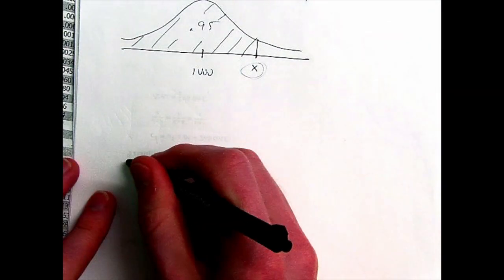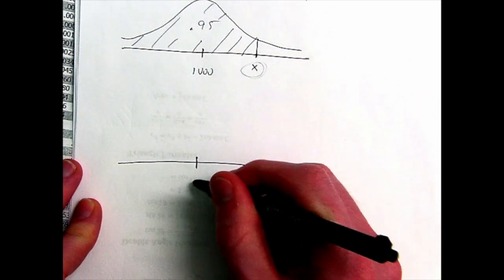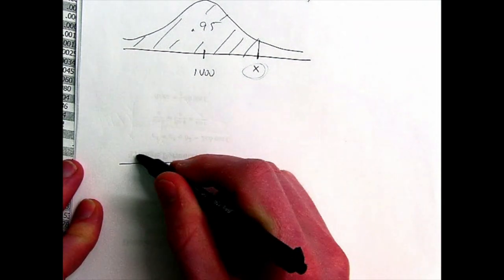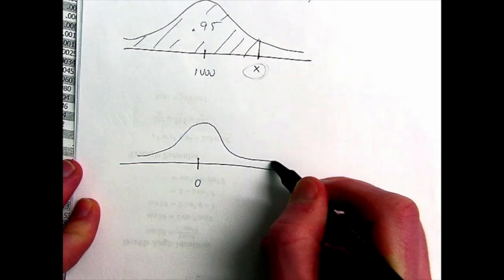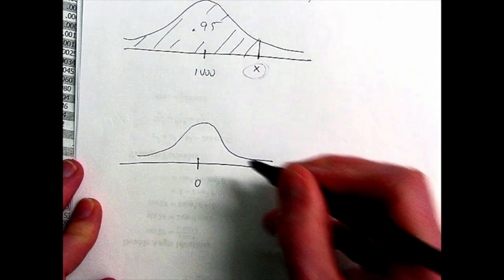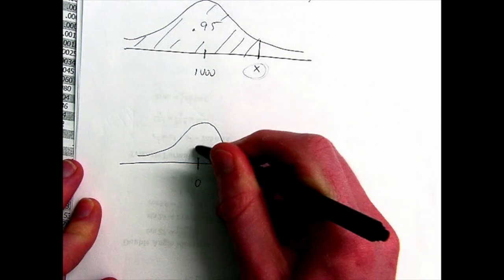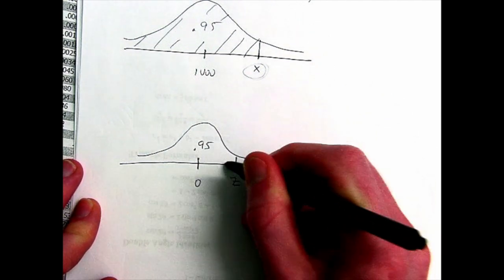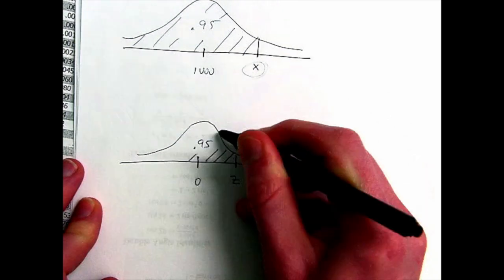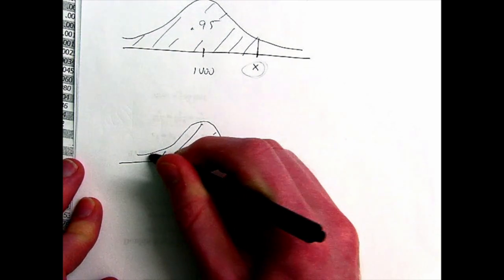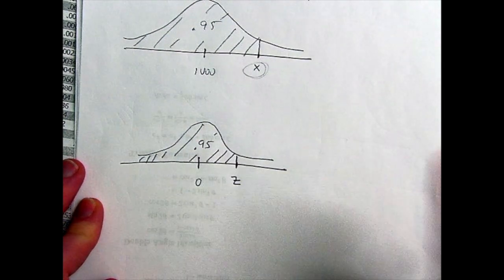Now, in order to find this x value, I consider the standard normal curve. Under this standard normal curve with mean 0 and sigma equal to 1, I can find the value z which is bigger than 95% of elements in the standard normal distribution.